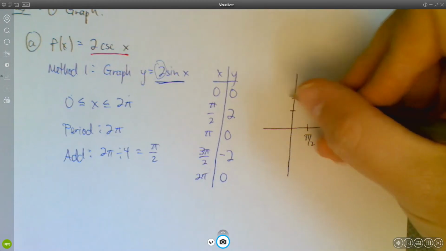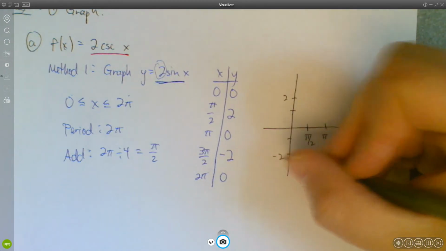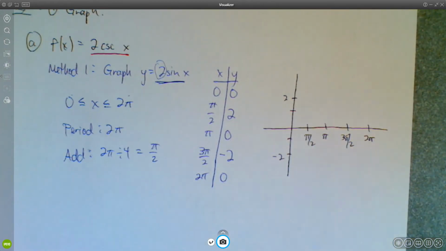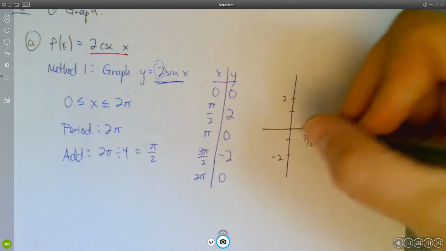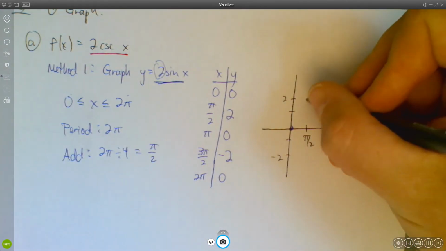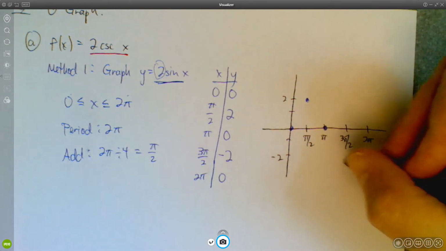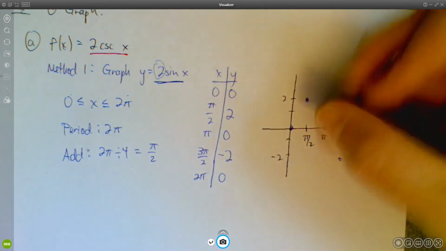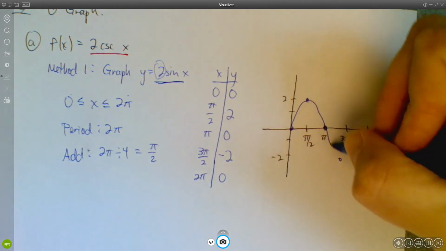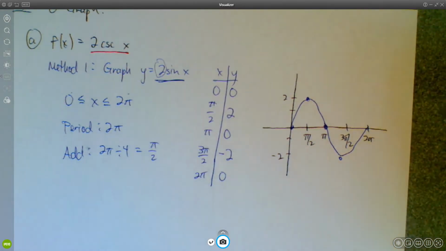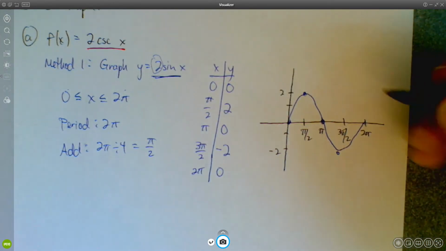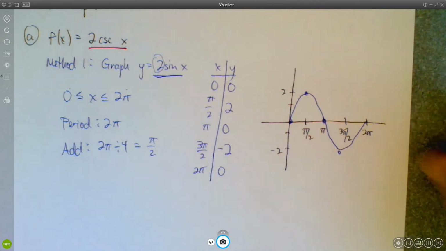Okay, 1, 2, 1, 2. All right. So the sine function looks like this. And it's going to keep doing this forever and ever. It would have been better maybe if I had done that with a dotted line, but anyway.